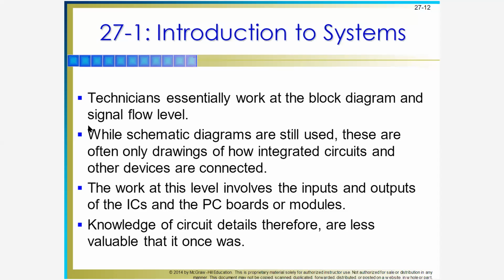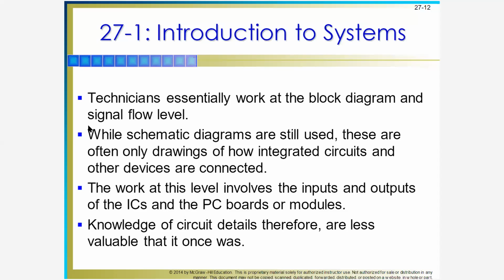A schematic diagram consists of drawings of the components, for example the connection of circuits and all the electronic components. Then the work at this level involves the input and output of the IC, PC board and module.